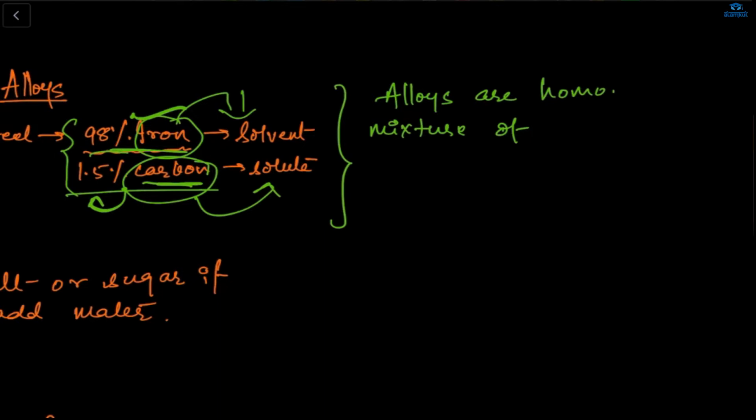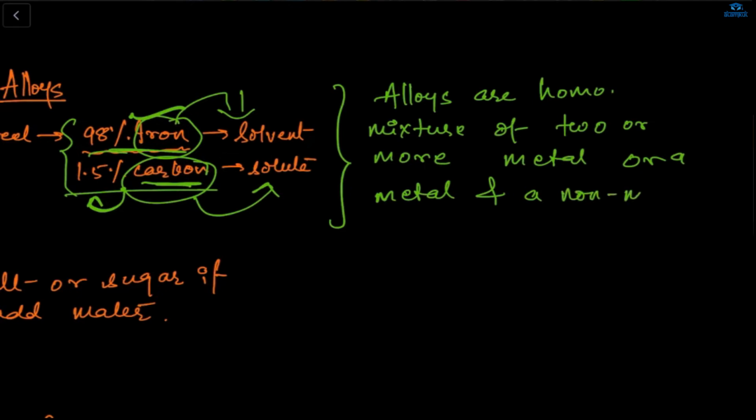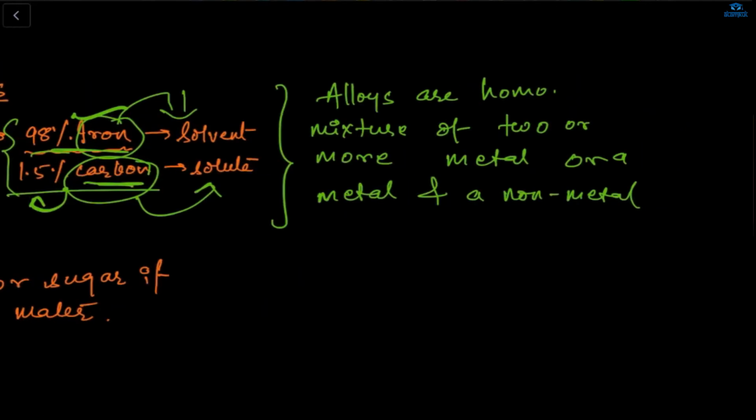Alloys are homogeneous mixtures of two or more metals, or a metal and a non-metal. Homogeneous means when it mixes together it is in the same phase, like sugar with water. Here, is iron a metal or non-metal? Iron is a metal. And carbon? Non-metal.